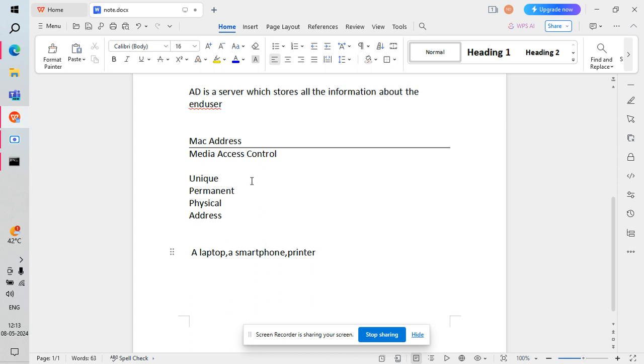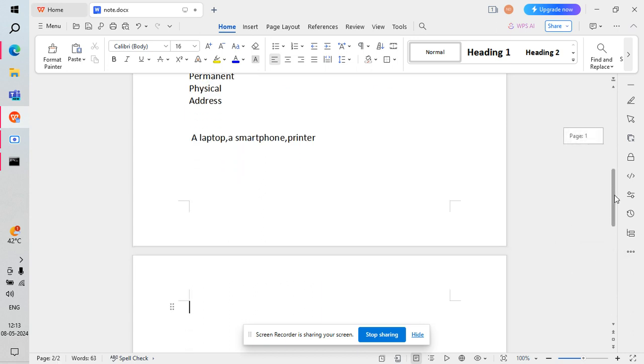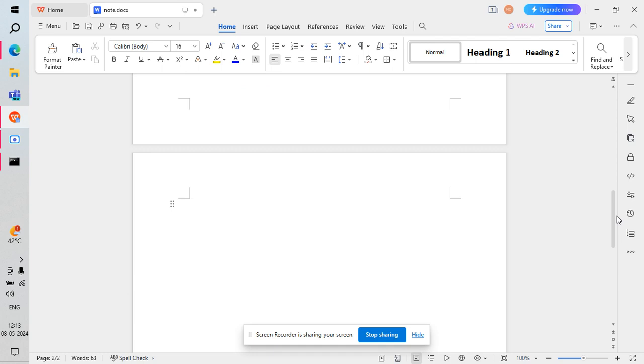So what is a network? We are hearing this word so many times: network, internet, local network. So what is a network? A network refers to a collection of interconnected devices or nodes that can communicate with each other.